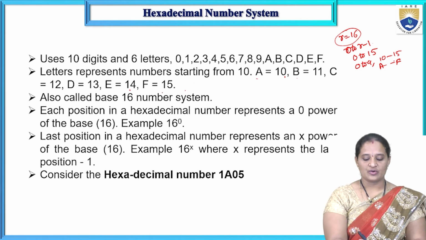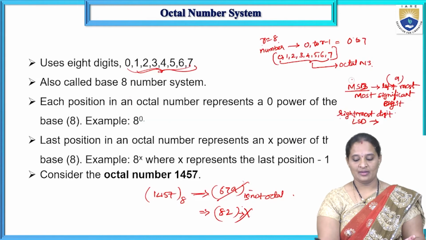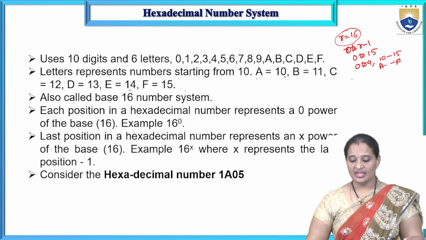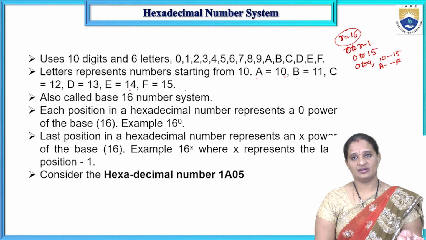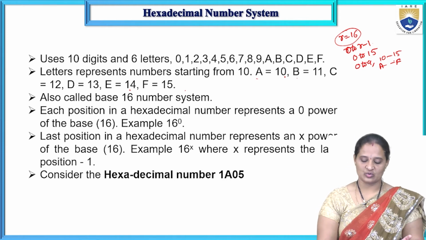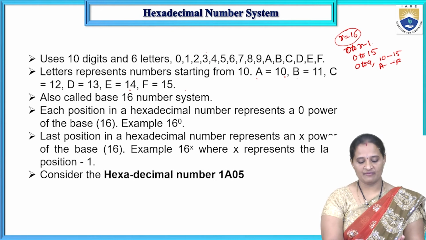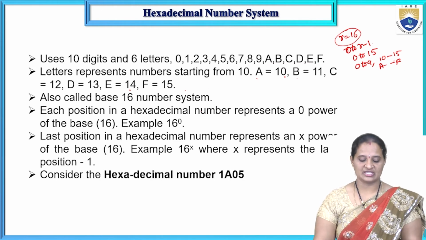So totally how many symbols do we have? 0 to 9, total 10, and A to F, 6 more. Totally 16 symbols, those are 0 to 9 and A to F. This is also called the base 16 system.